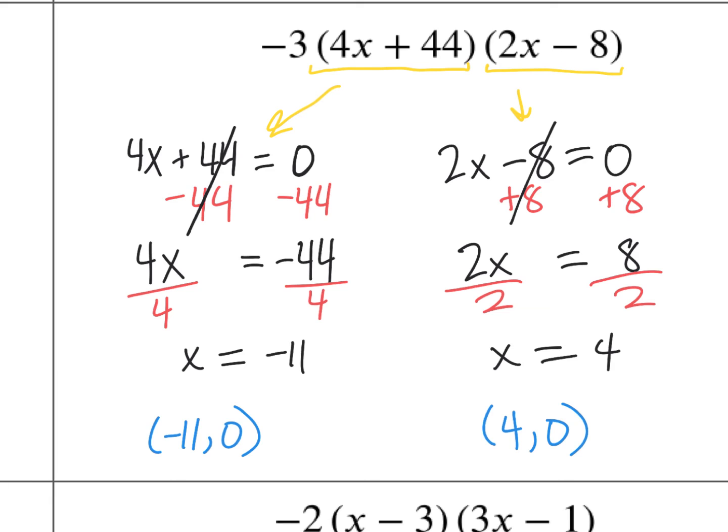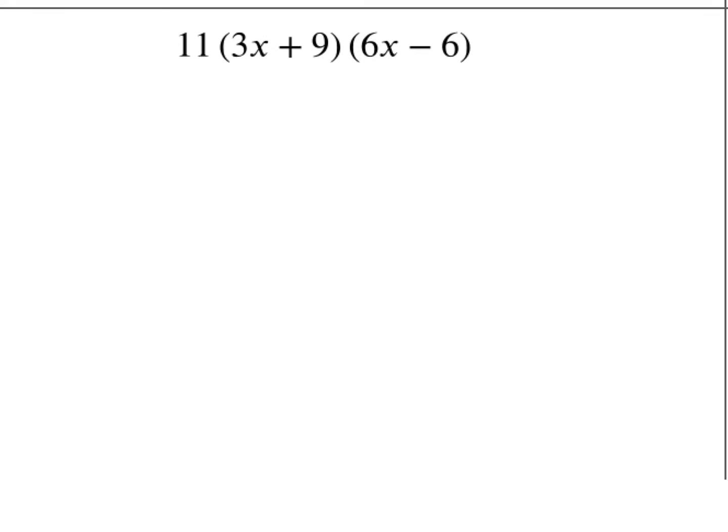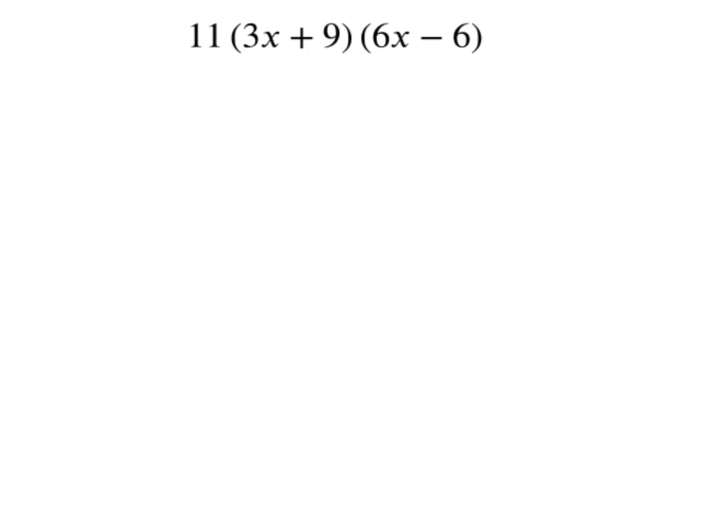All right, let's look at our third problem. 11 times (3x plus 9) times (6x minus 6). So we'll take the first factor with the x, and we are going to make it equal to 0. So 3x plus 9 equals 0.